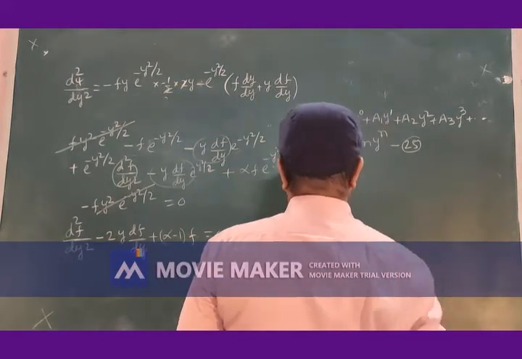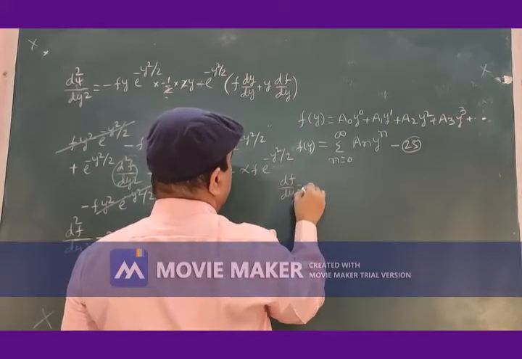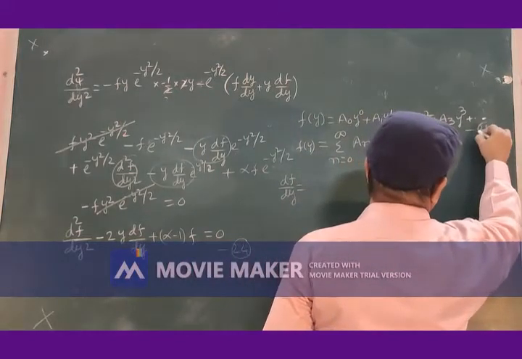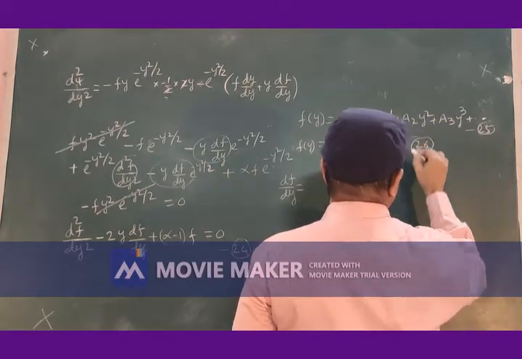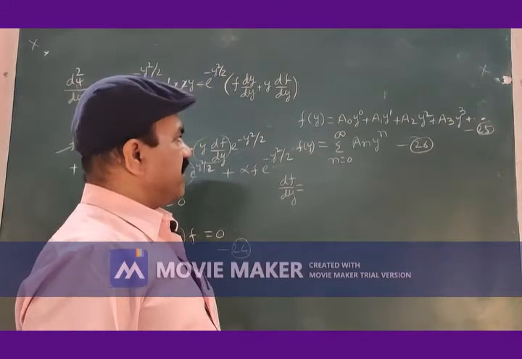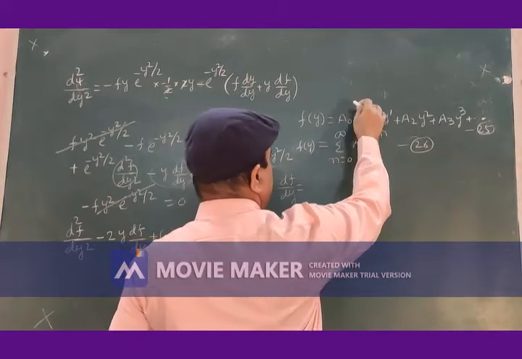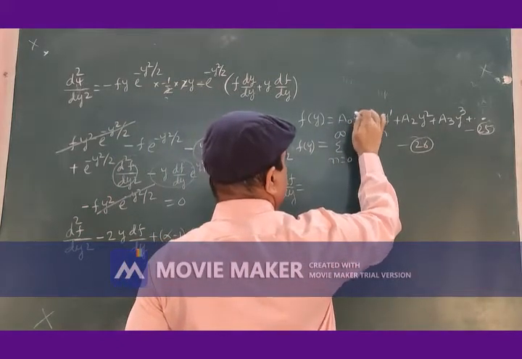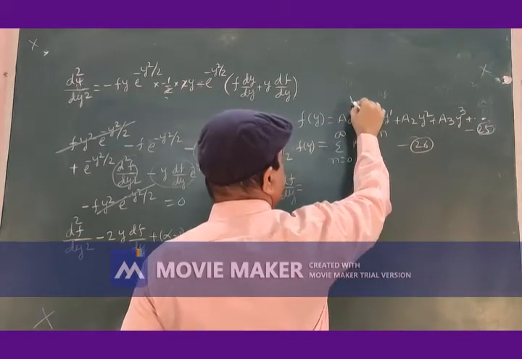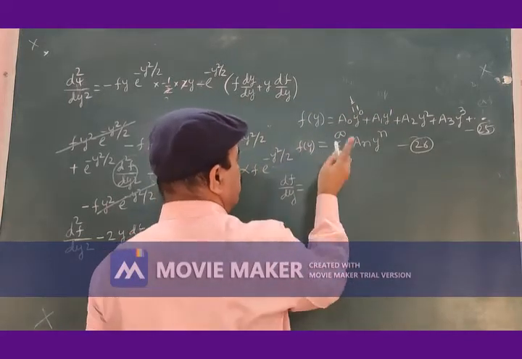Differentiate equation 25 further to get df by dy. Let us write this equation as 25 and this as 26. So a0 is constant, y to the power 0 is 1, and the differentiation of a0 with respect to y is 0.